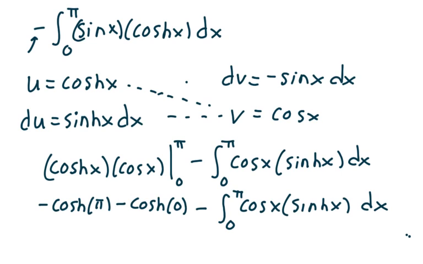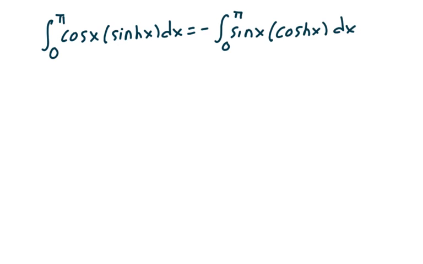But we went through all that work to figure out what negative the integral from 0 to pi of sine x times hyperbolic cosine x is. So that's going to be equal to negative hyperbolic cosine of pi minus hyperbolic cosine of 0.